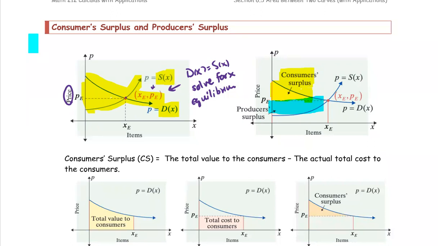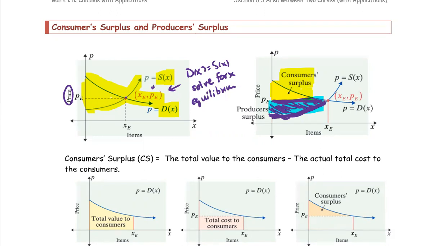The curve down here is the supply curve, the real price, the real cost that they can do. But above it is beyond what they can expect, so this is the additional revenue that the producer can make.